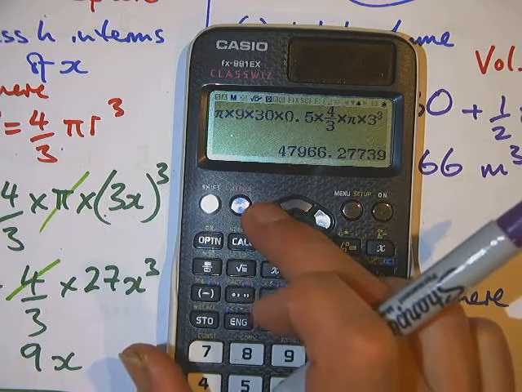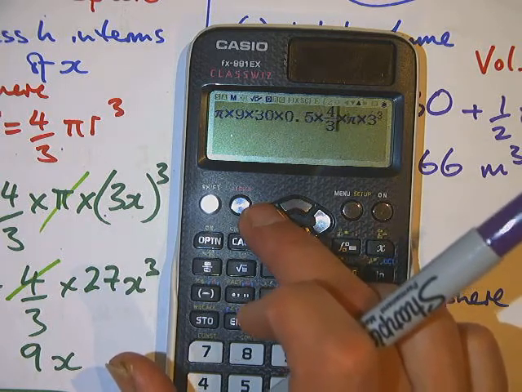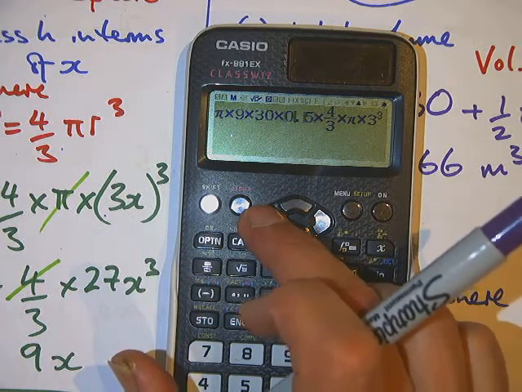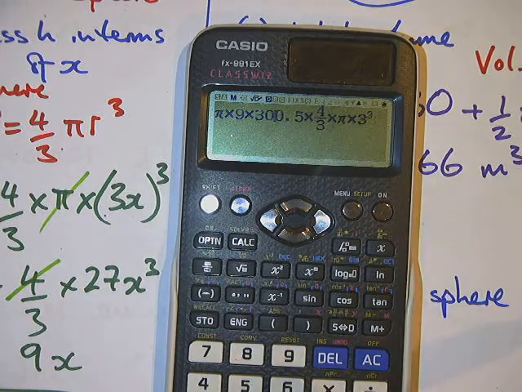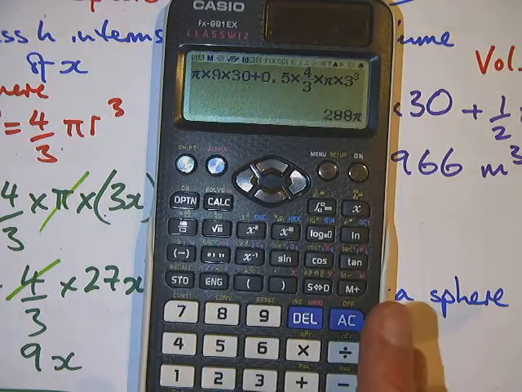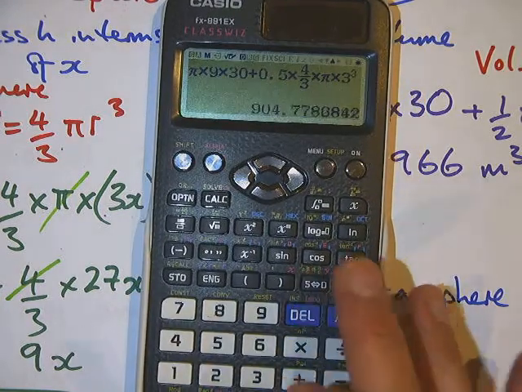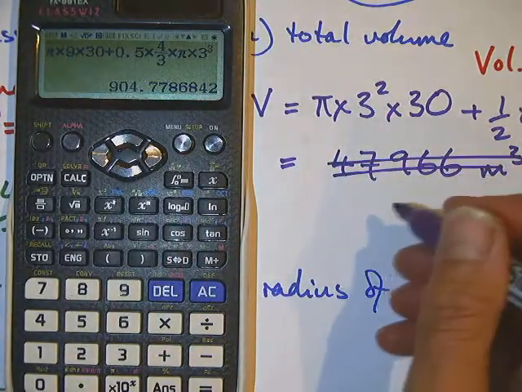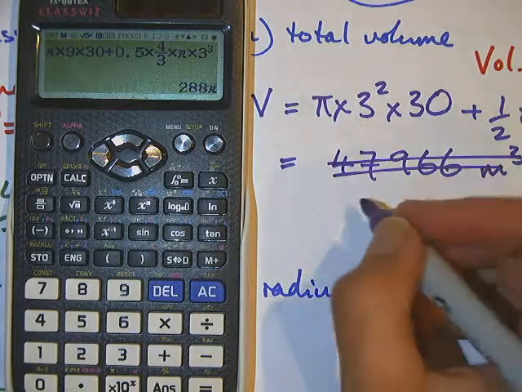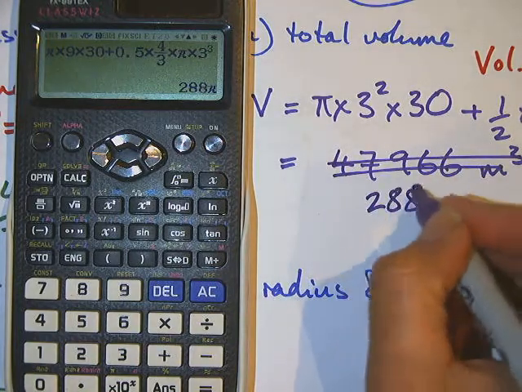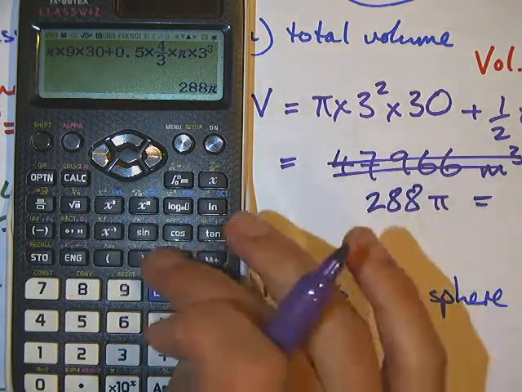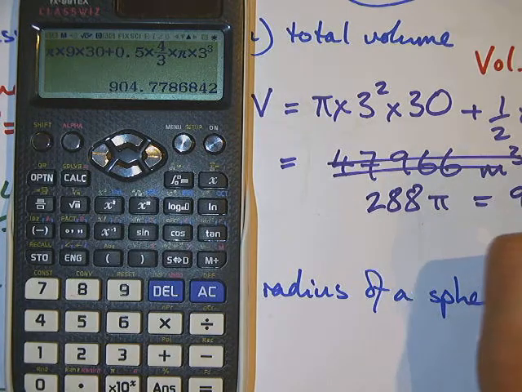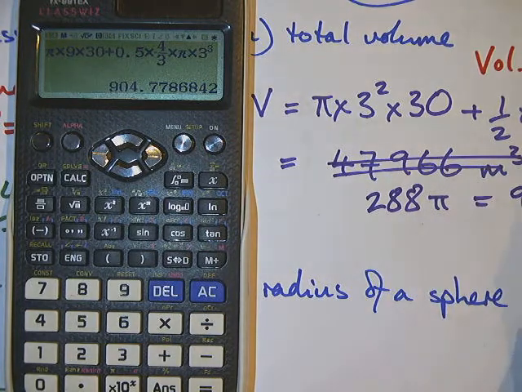So let's go back through that, delete that, change that to a plus. 288 pi, which is 905, which makes much more sense. So 288 pi, which is 905.